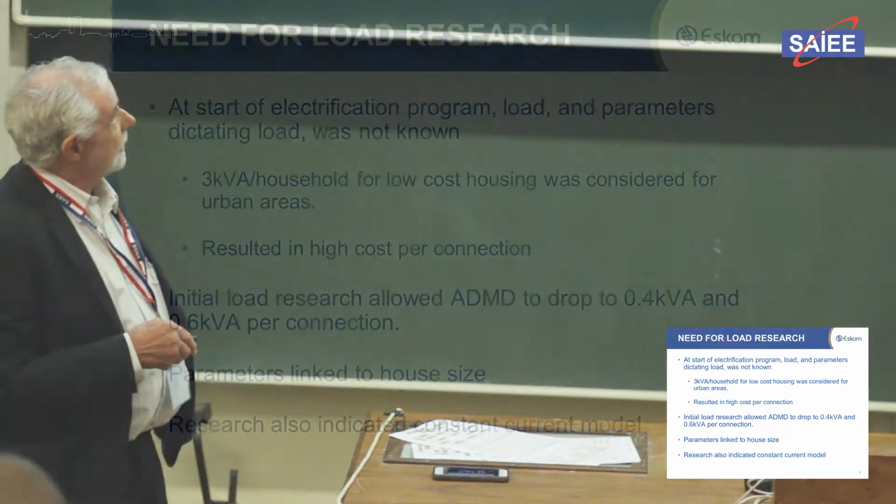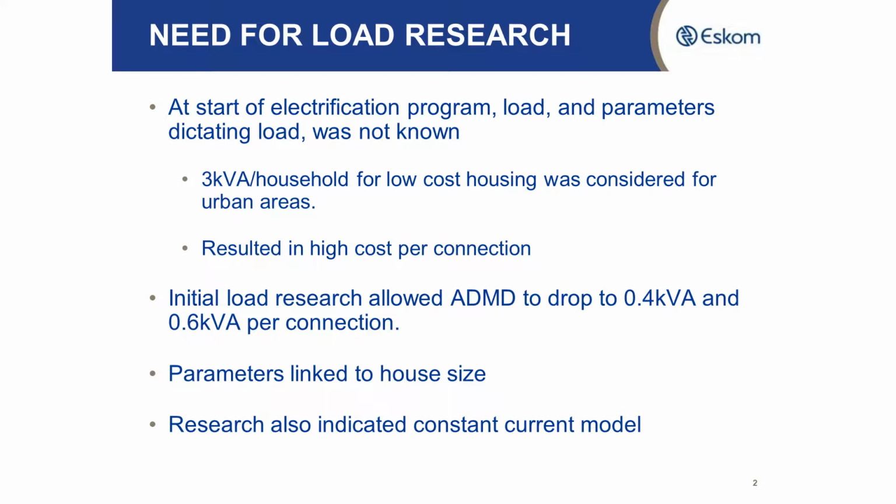So at the start of the electrification program, we really didn't have a lot of information on rural dwellings or loads in the rural areas. What we had was a standard low-cost house of around 3 kVA per house. That's how we normally did our reticulation design, with a 300-meter radius for a transformer zone.